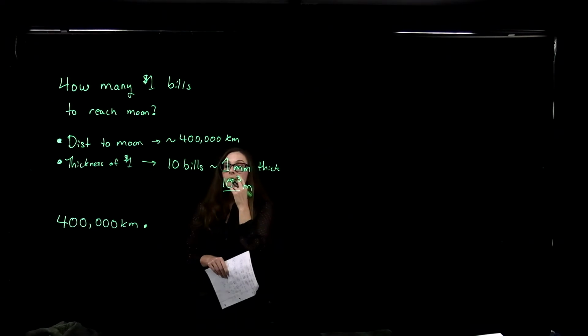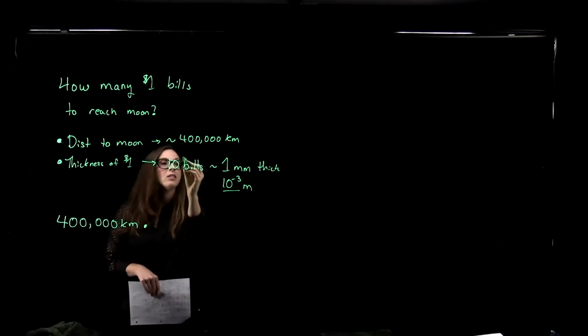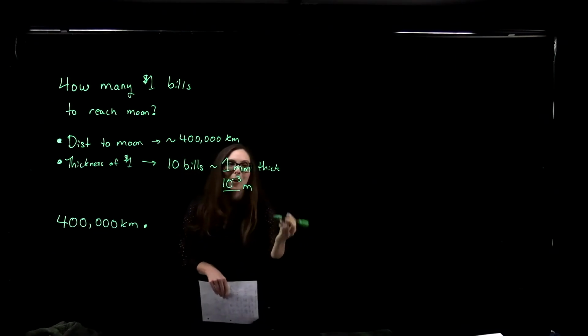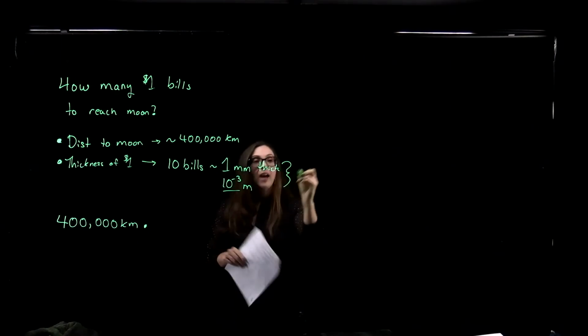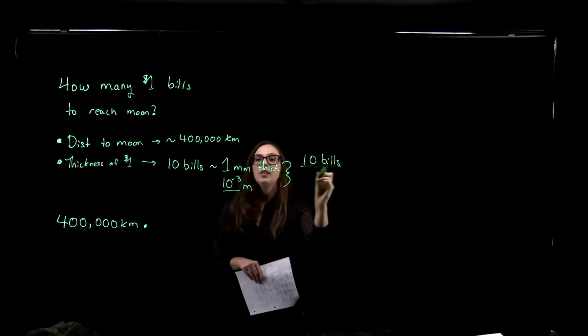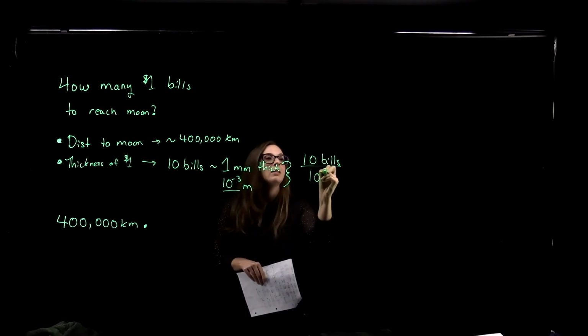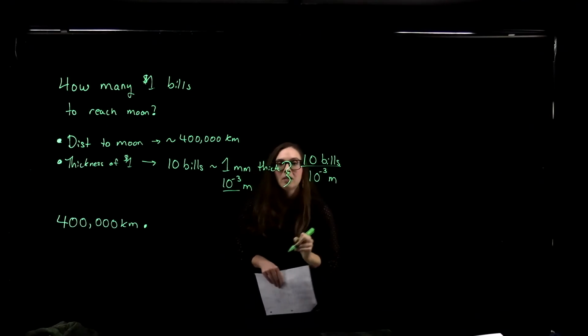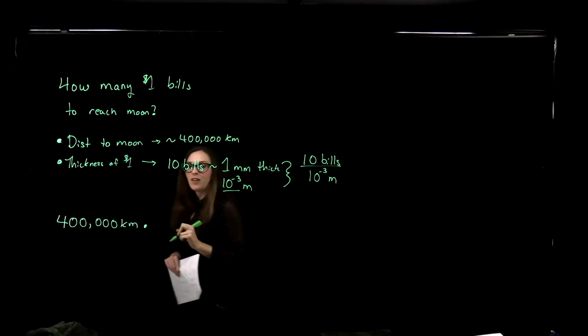Let's write this as a conversion factor. 10 bills has an equivalent height of 10 to the minus 3 meters, 1 millimeter. That's my conversion factor.